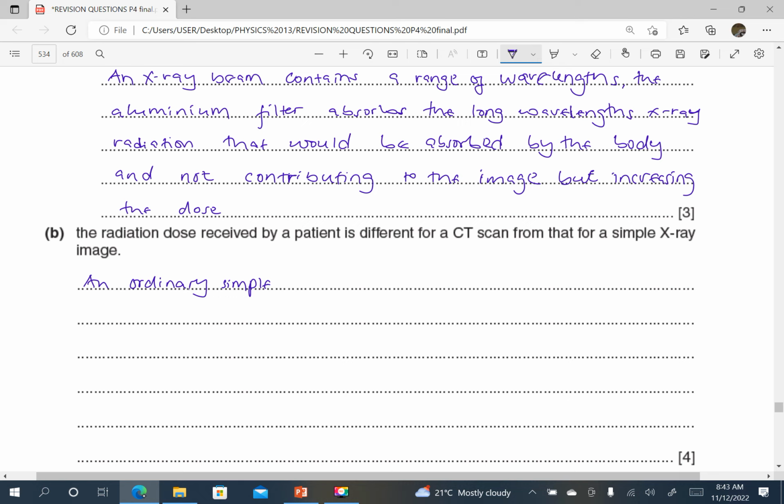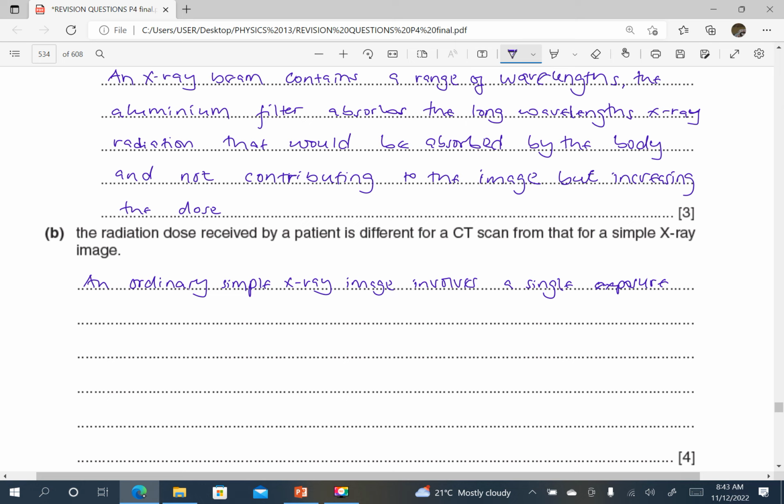So you are exposed to X-rays just from one direction, just once, if it is a simple X-ray image.